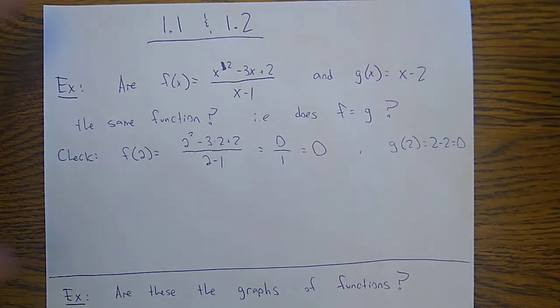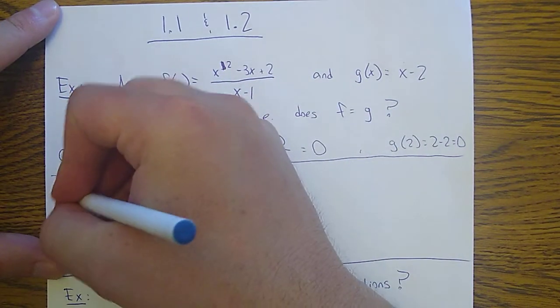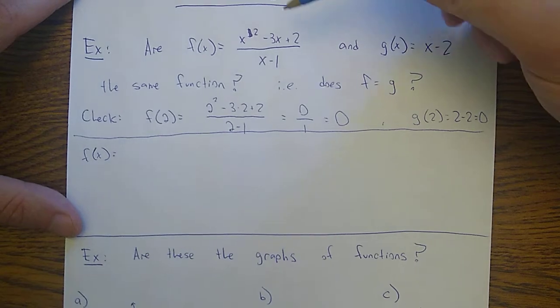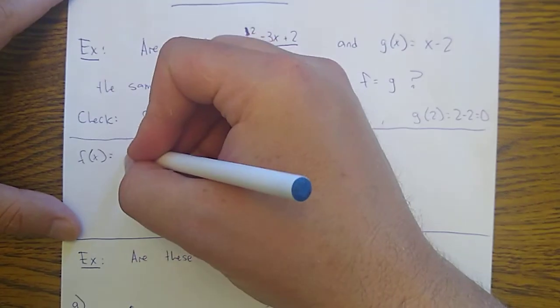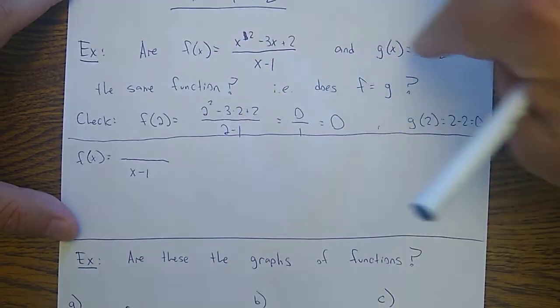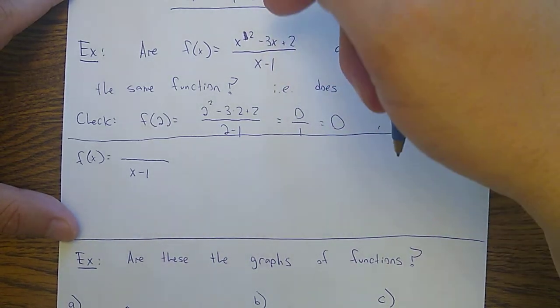Let's do some algebra. Doing this algebra might shed some light on why f of x might equal g of x. Typically, if this thing is going to equal that thing, then I should be able to show it with algebra.